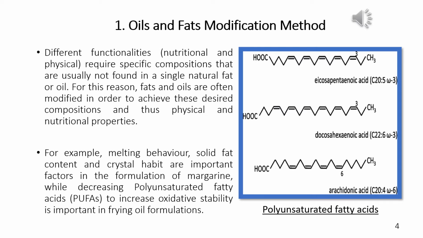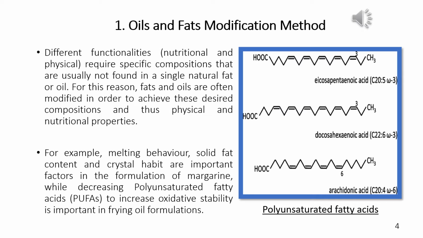In the second point, you can see the factors which affect the formulation of margarines. These factors are melting behavior, solid fat content, and crystal habit. Then we decrease the amount of polyunsaturated fatty acids to increase the oxidative stability, which is very important in frying oil formulation.